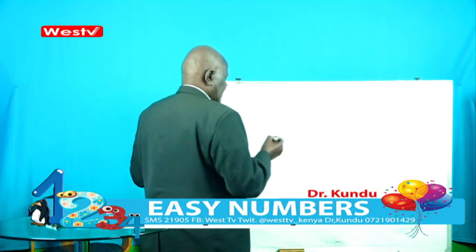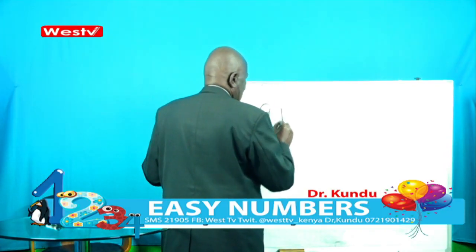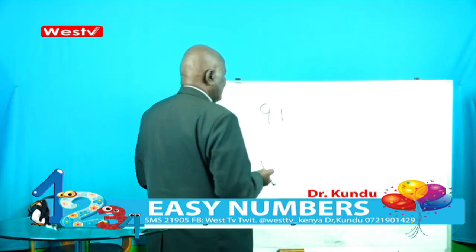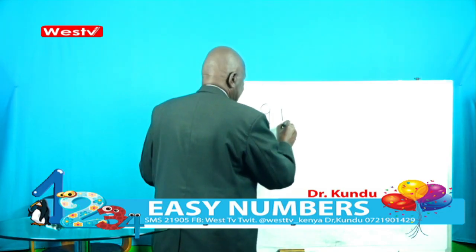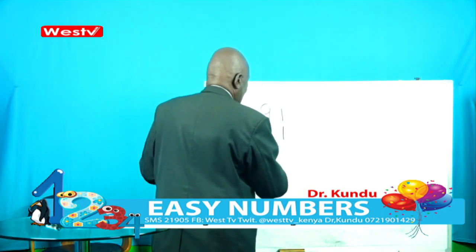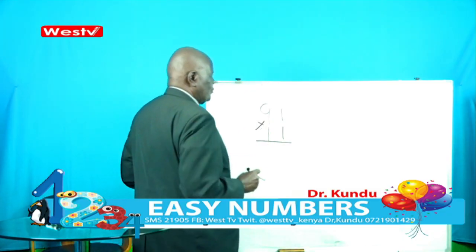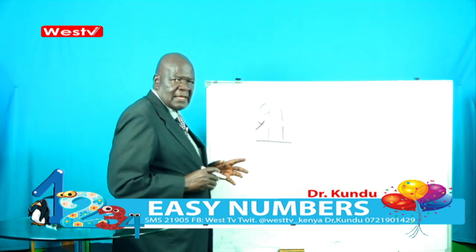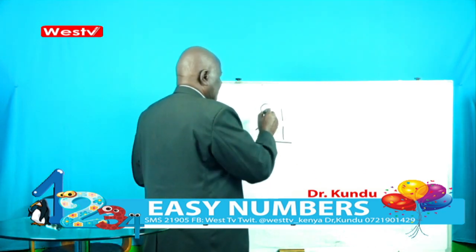Such numbers can be 91 multiplied by something like 11 for that matter, because these are numbers whose left adds to 10 and then whose right is same.